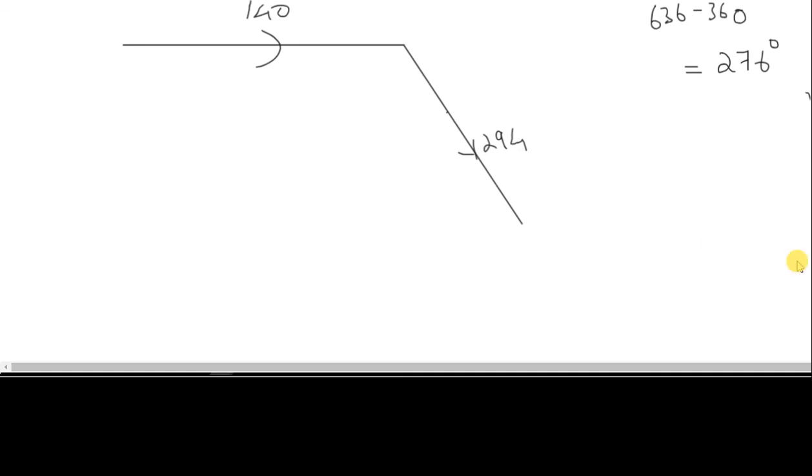So 276 from here. How would you draw 276 from here? 270 is directly below, that is 180 plus 90, so you should take 180 plus another 96.